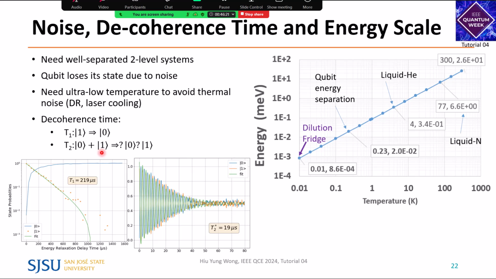As we said earlier, superposition is very important. And when we have superposition, you do computation through interference also. If you lose the phase information, when it was 0 plus 1, now it becomes 0 minus 1, your algorithm will fail also, right? So these are 2 major characteristic types that we care about.